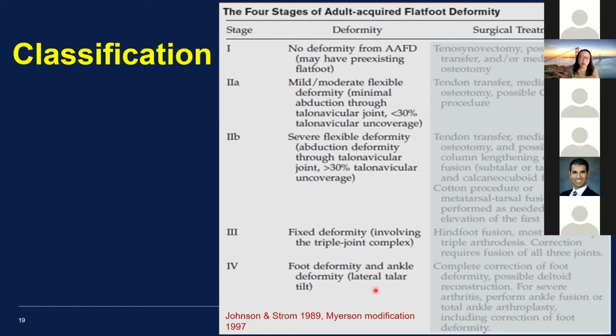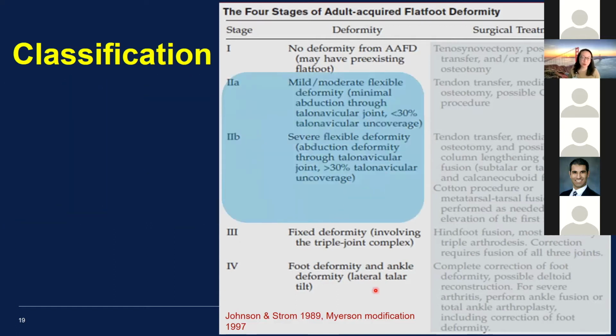They've had it for so long that you can't reduce it, and usually that means there is some arthritis in their subtalar joint. And then Meyerson added stage 4, which is essentially that it's gone on for so long that not only is the hindfoot subtalar joint arthritic, the ankle joint is also arthritic. So now you get an x-ray of your ankle and you see the ankle tilting into valgus.